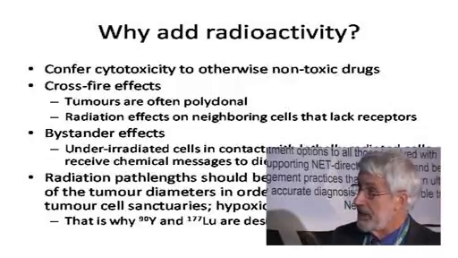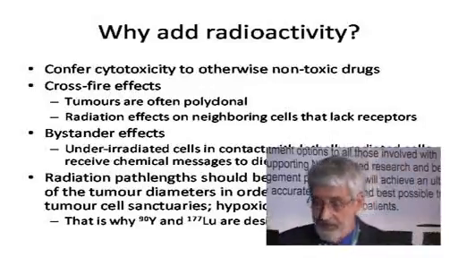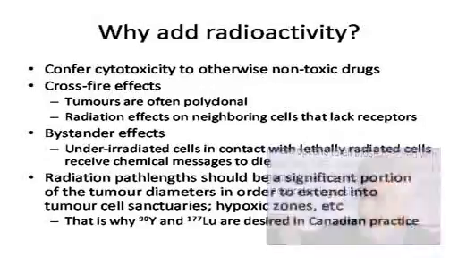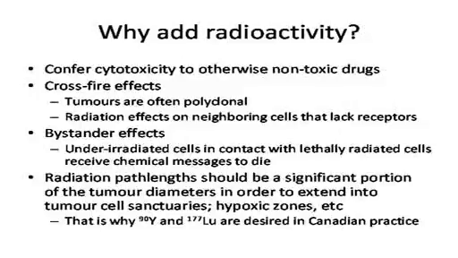And there's also a recently revealed additional effect that we call the bystander effect. The effect is this: at least in the lab, if you can irradiate a single cell, know which cell it is, and kill it, the nearby cells that are not irradiated but are touching will get the message that it's time to die.